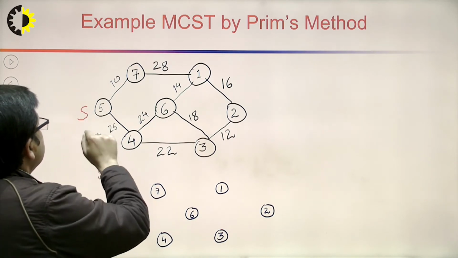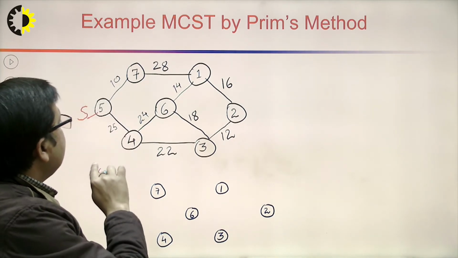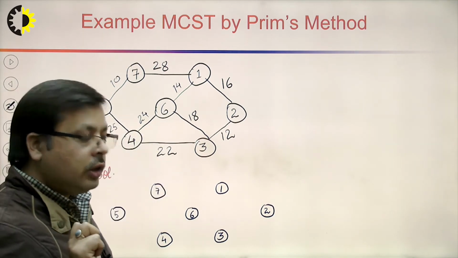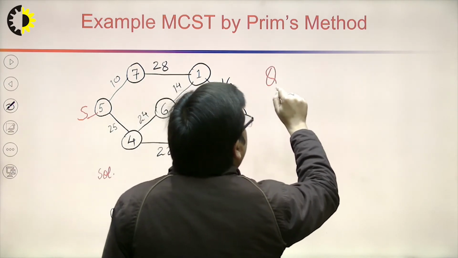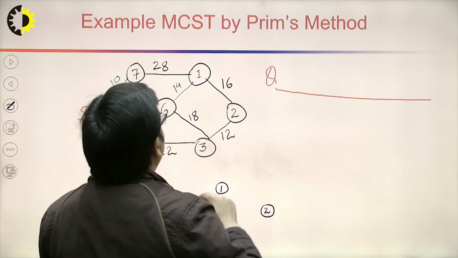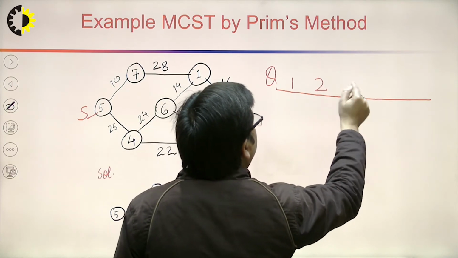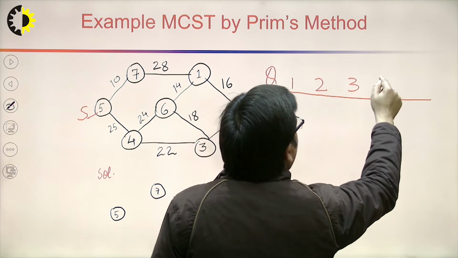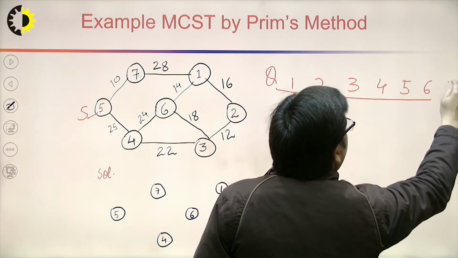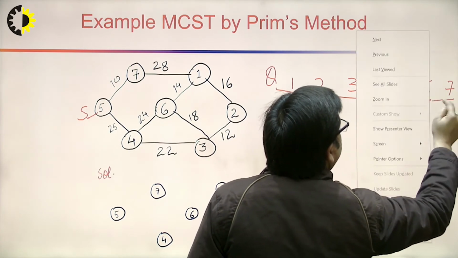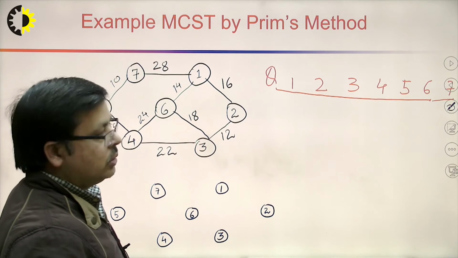Now we push all the vertices inside a queue: 1, 2, 3, 4, 5, 6 and 7.